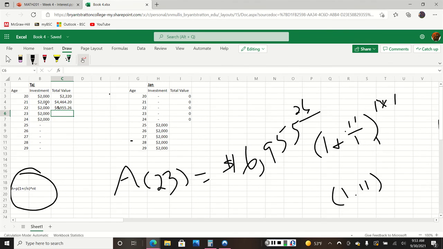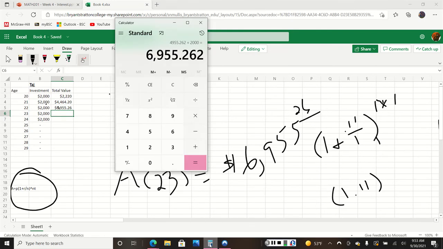The reason we're using that number is because we're just trying to figure out how much interest is accumulating while we continue to make a $2,000 investment.